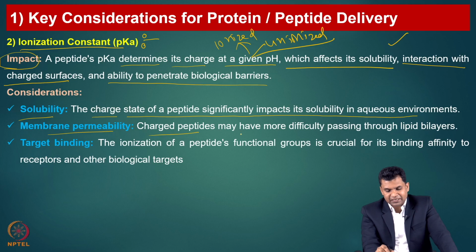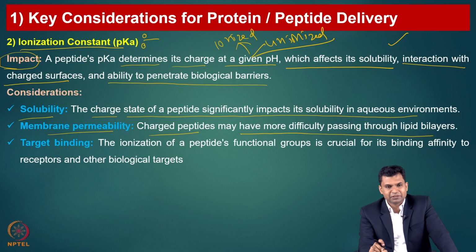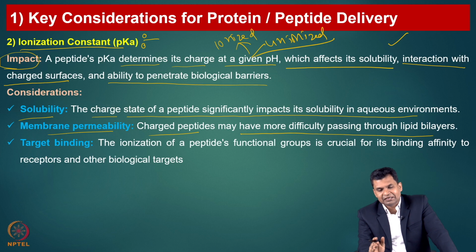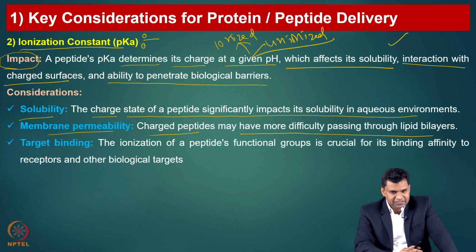Charged peptides may have more difficulty passing through bilayers because they may interact with the membranes. In some cases, a positive charge can interact with the negative charge of the lipid membranes, which will help with high retention, and that may also allow for a long-lasting effect.